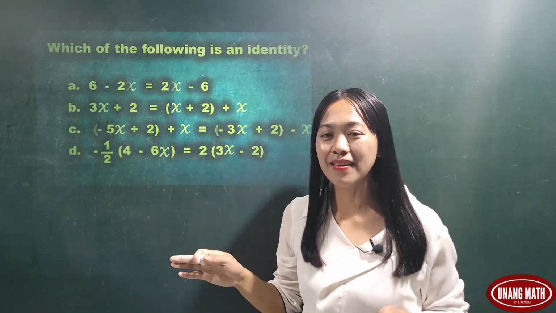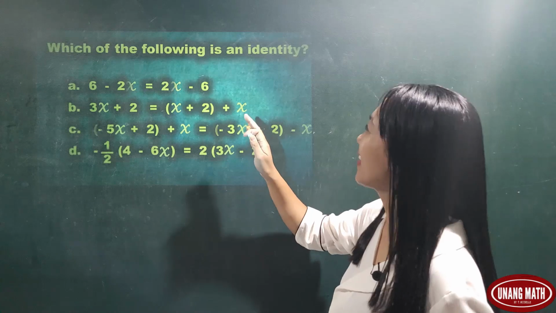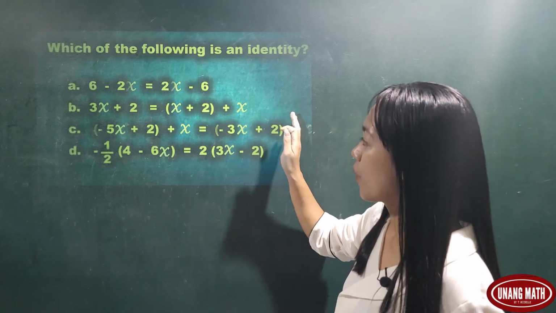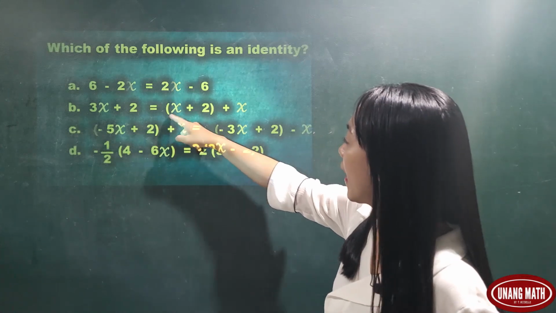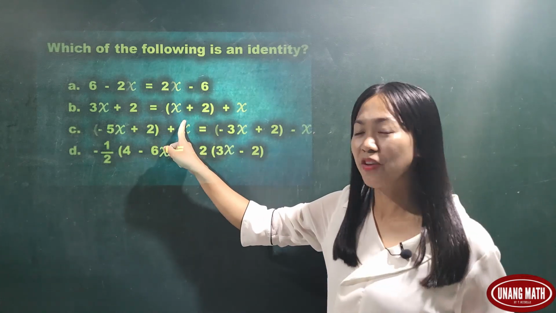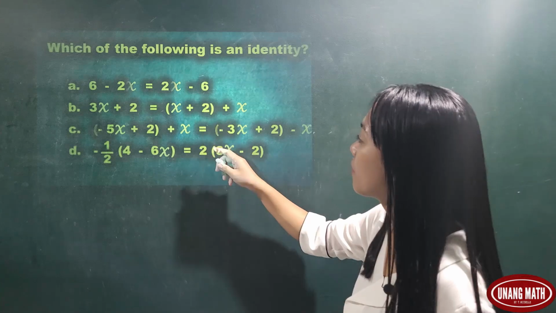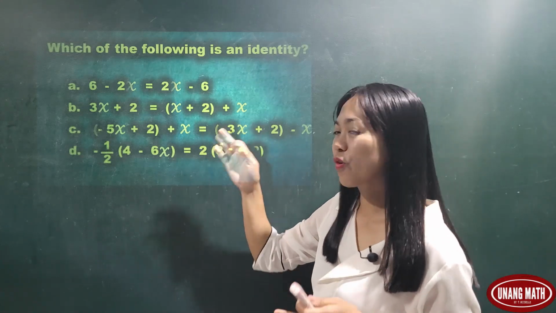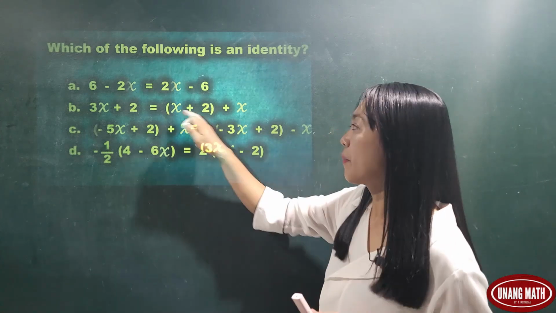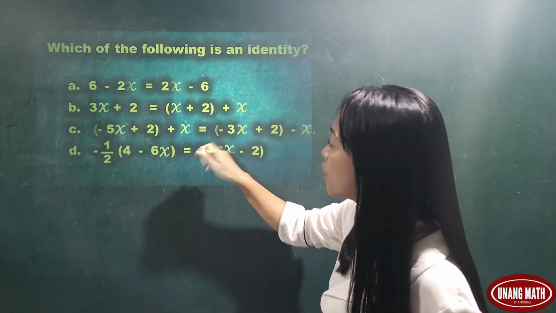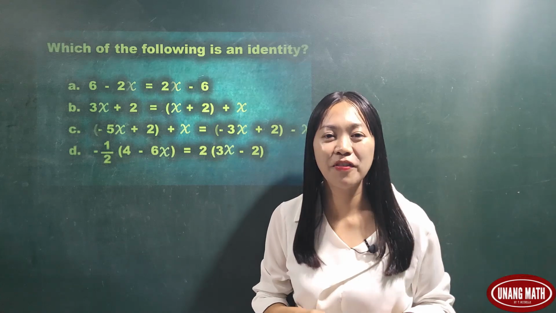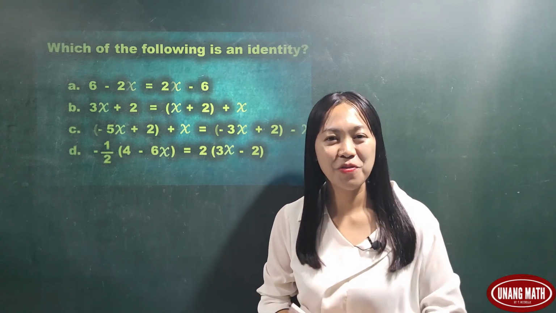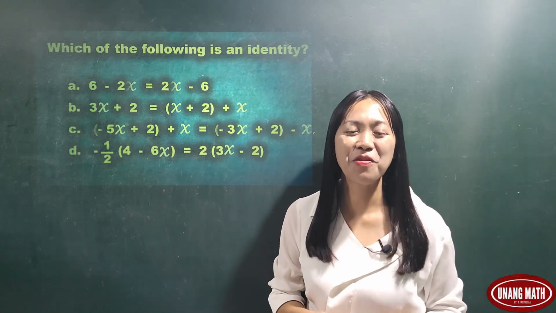If totally the same or equal, then that is an identity equation. But for those equations that have parentheses or expressions inside the parentheses, in order for you to compare properly, you have to remove the parentheses first using the distributive property. You may write your answer in the comment section.